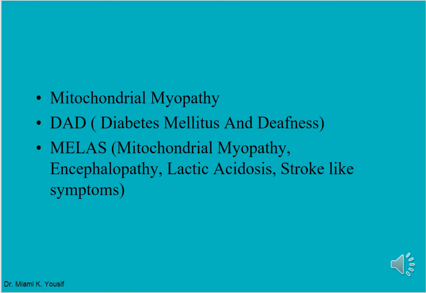Here we have some conditions inherited as mitochondrial inheritance. First, mitochondrial myopathy. Second, DAD, a combination of diabetes mellitus and deafness. Then a combination of mitochondrial myopathy, encephalopathy, lactic acidosis, and stroke-like syndrome.